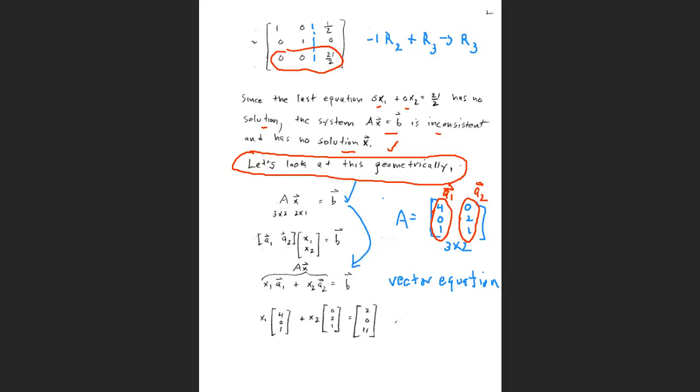The vector equation we're trying to solve is: can we find some x1 times vector a1 plus x2 times vector a2, a linear combination? What this means is, is there a linear combination of the column vectors a1 and a2 that equals the vector b? Now, we know the answer is no to that, but this is what we're trying to do.